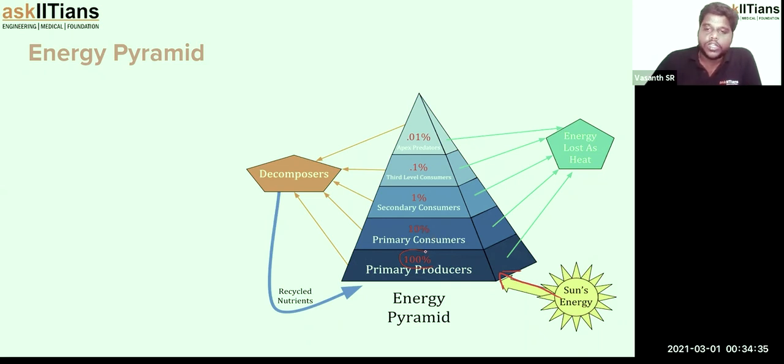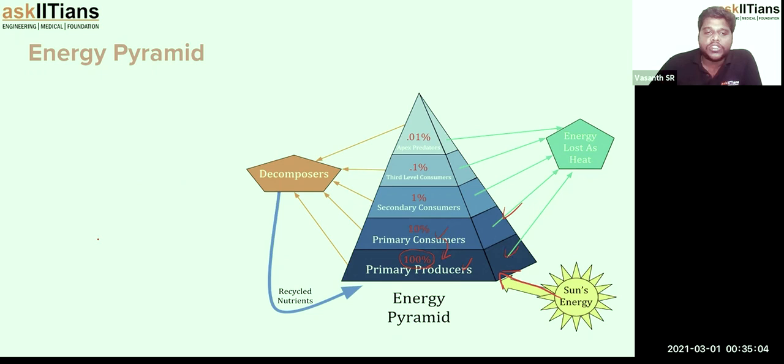Let's assume that is 100%, and whatever energy remains after it is lost in the form of heat and used up by the producers to survive. When the primary consumer consumes the producer, after loss of energy in the form of body heat and everything by both organisms, most of the energy is used up by the primary consumer to perform its functions.